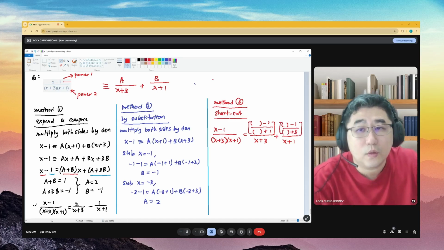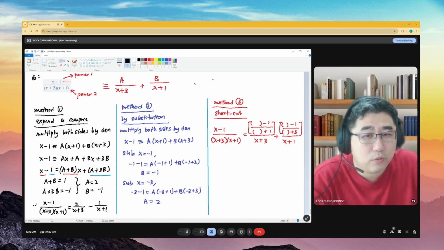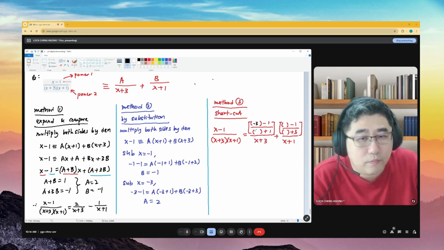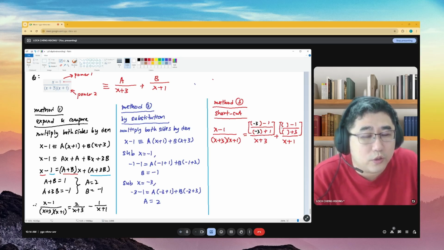After that, what exactly is the value that we substitute inside the blank? For the first fraction, you are referring to the x plus 3 denominator, isn't it? So you substitute minus 3 here. For the second fraction, you're referring to the x plus 1 denominator, so you substitute minus 1 here.